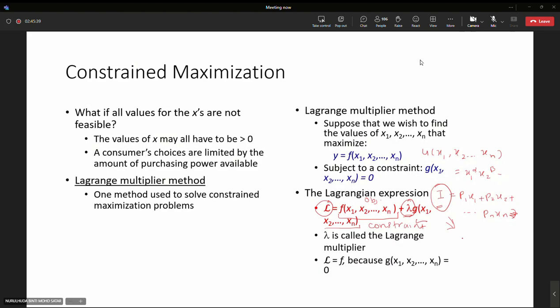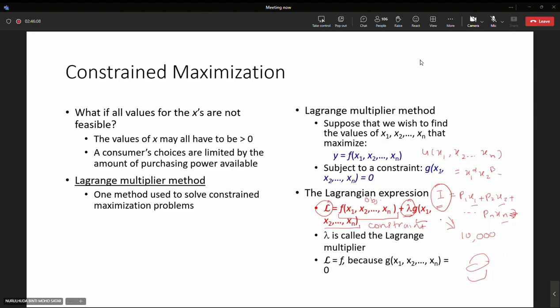For example, 10,000 that we earn every month, then we spend it on X1, X2 until Xn, the whole basket of goods. With given P1, P2, and until Pn, we will determine how much of X1, X2 until Xn we want to consume in our basket of goods that will maximize our utility.